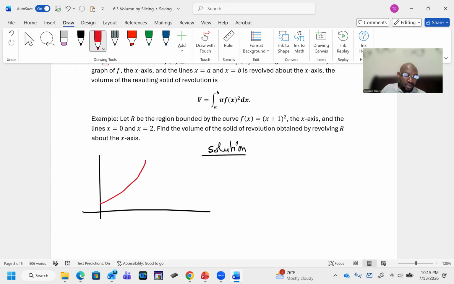And we know this point is 1, and let's say this is 2. So this is like my R. This is the x-axis, right? So let's say this is x.